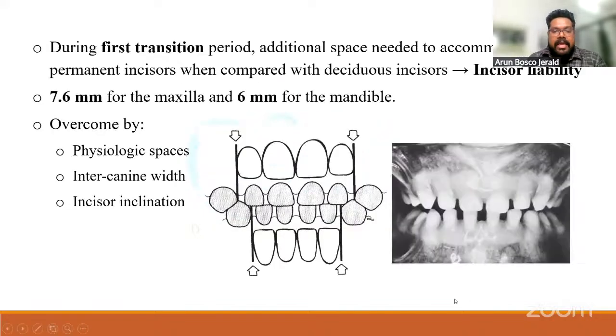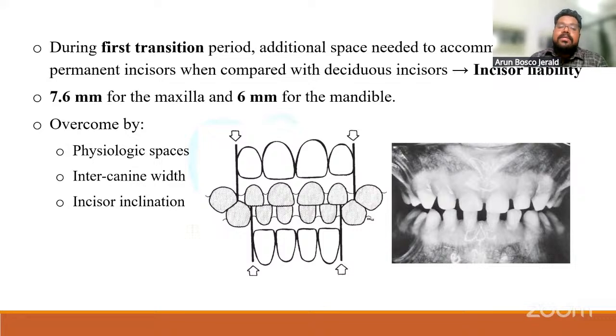When you compare the mesiodistal dimension of permanent incisors with the deciduous incisors, the permanents are larger. For the permanent incisors to erupt, it requires about 7.6 millimeter of space in the maxilla and 6 millimeter in the mandible. This difference is called incisal liability.